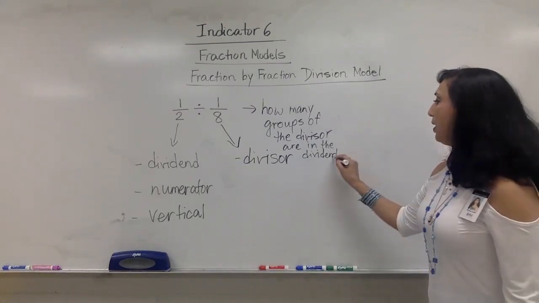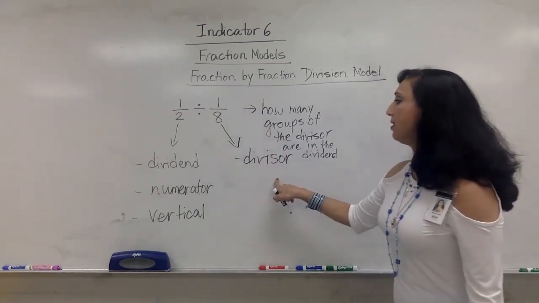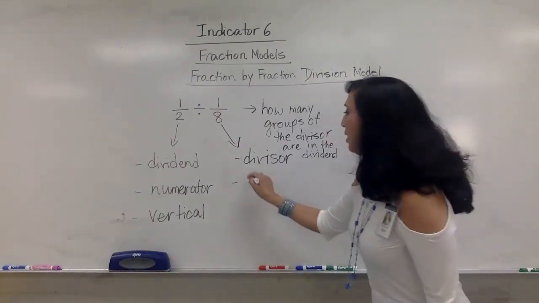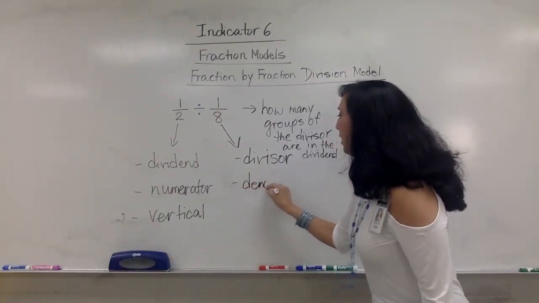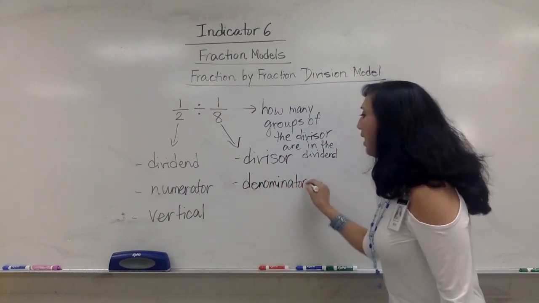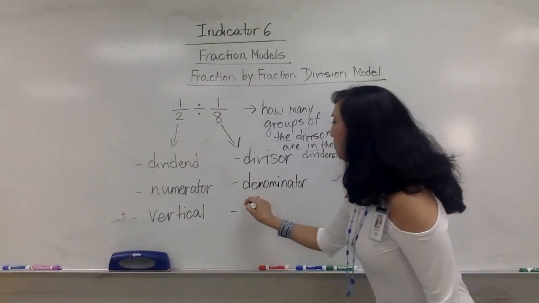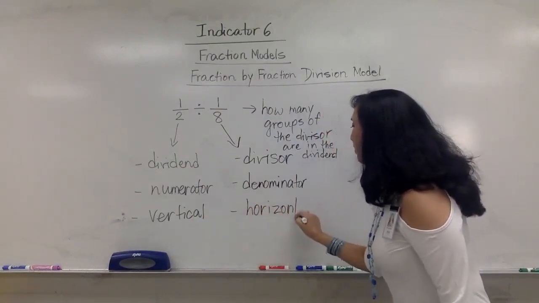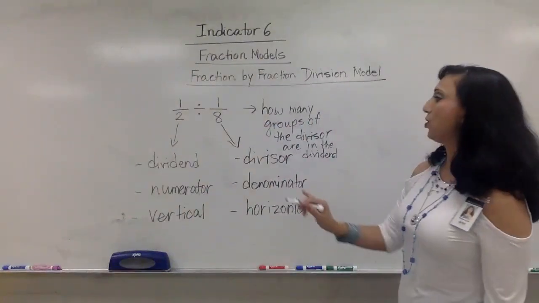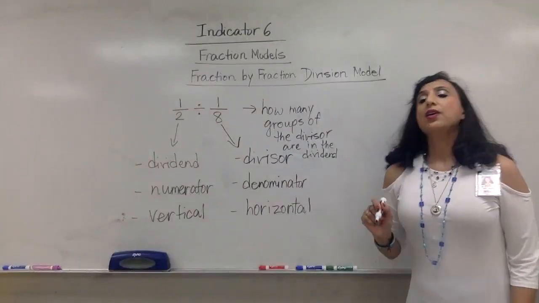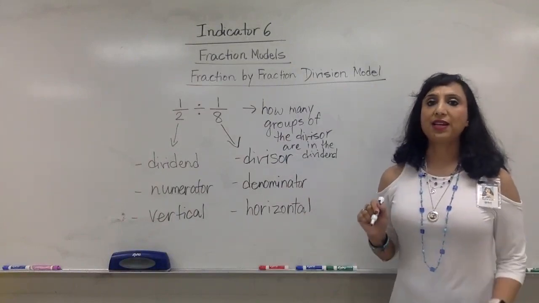How many groups of 1/8 are going to be in 1/2? In this case, 1/8 is the divisor. That means this is going to be the denominator in the fraction, and we are going to make this horizontal when we make the fraction model. Okay, so these are the things that I need you to understand. Now let's go ahead and make the fraction model.